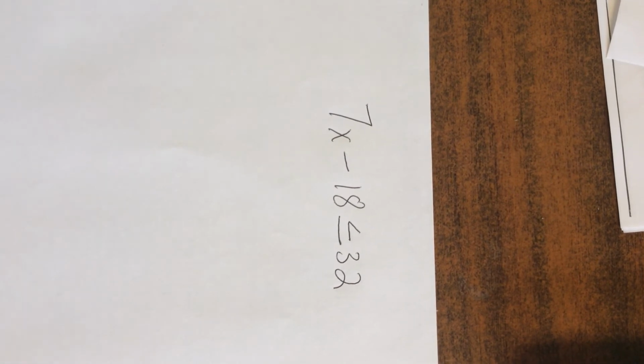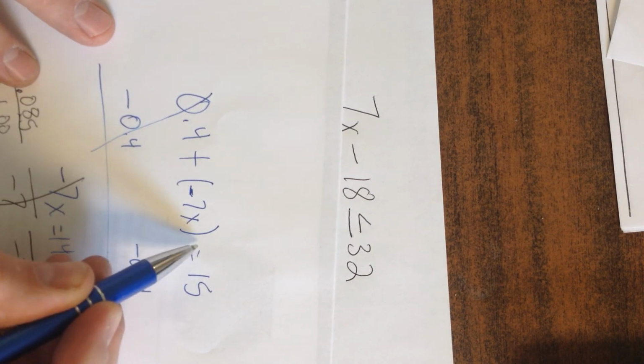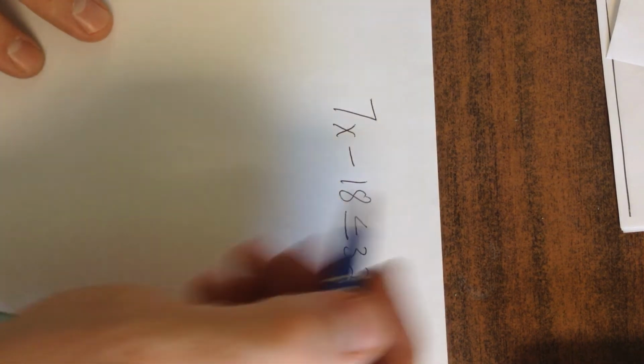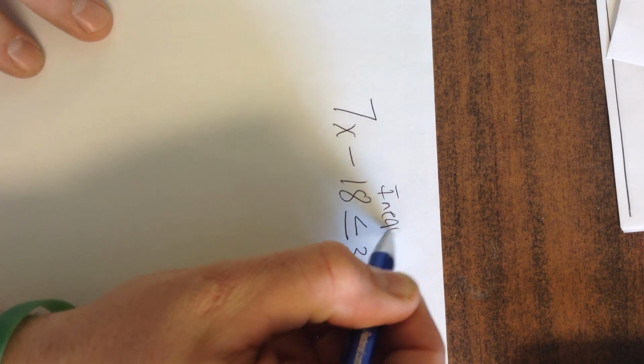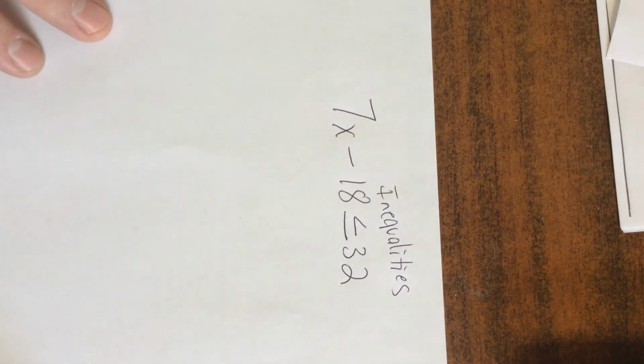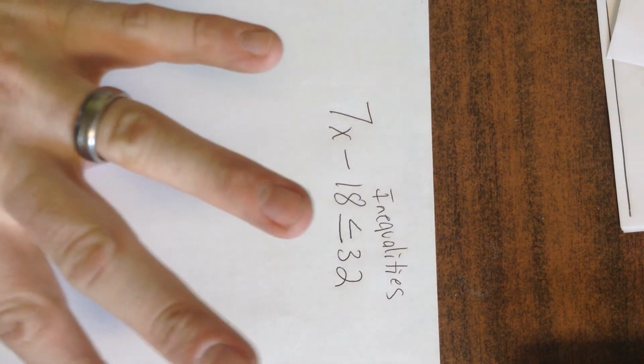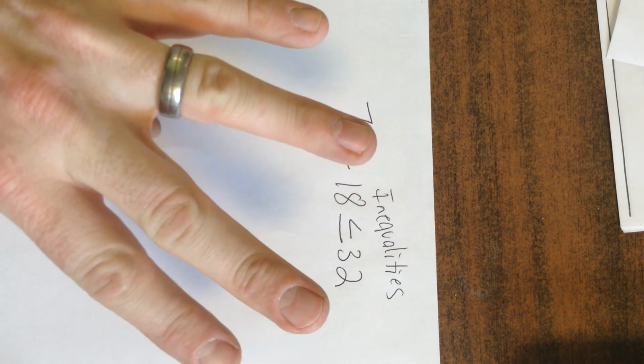Now, equations have equal signs. Inequalities have less than or greater than types of symbols. You've got 4 different inequality symbols.